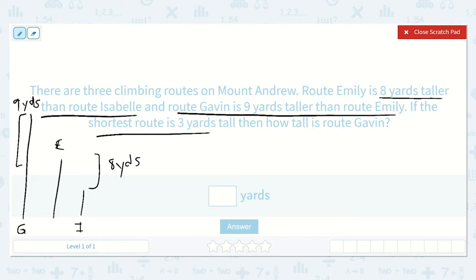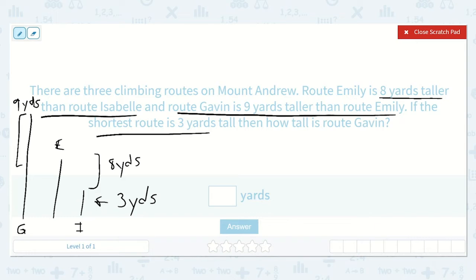Good. If the shortest route is 3 yards tall, then how tall is Route Gavin? Okay, so which one is the shortest? Yes, Isabel. So if we know that Isabel's is 3 yards, now we have more information we can work with.